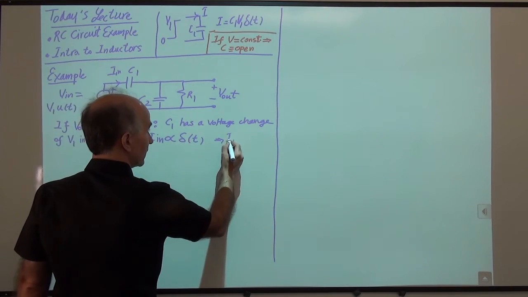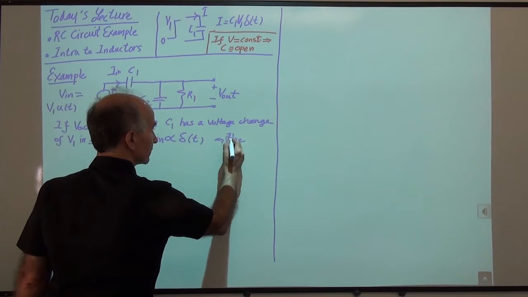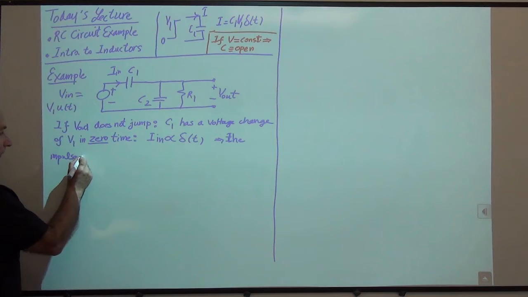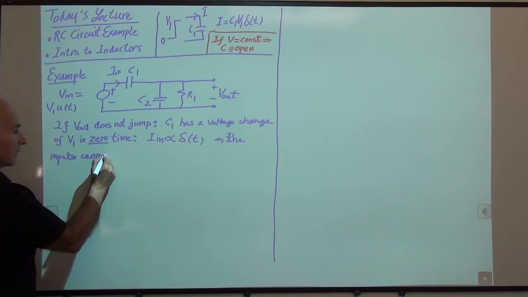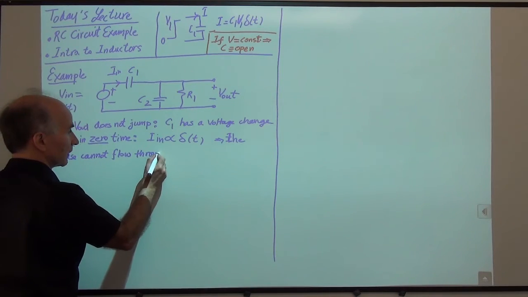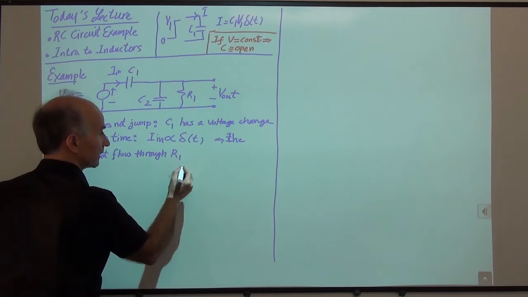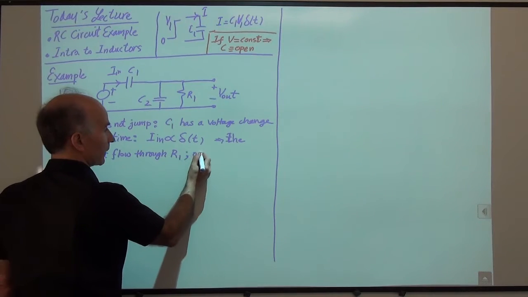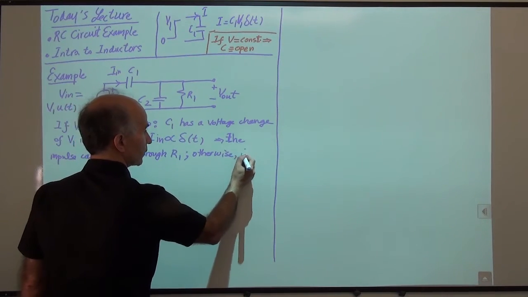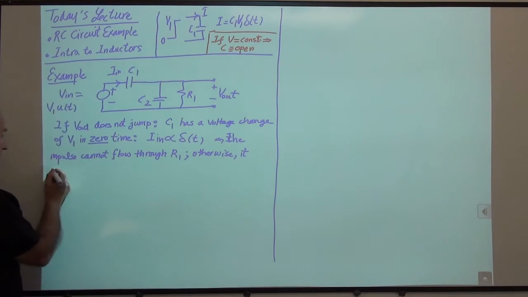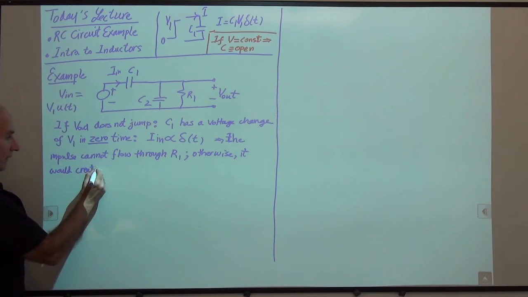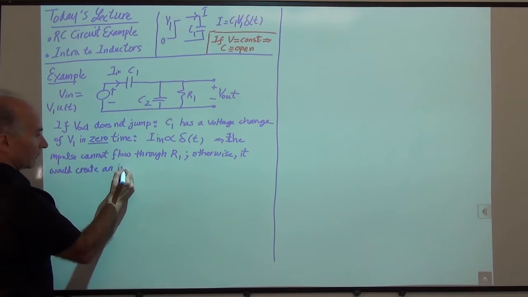So we say the impulse cannot flow through R1, otherwise it would create an infinite voltage.